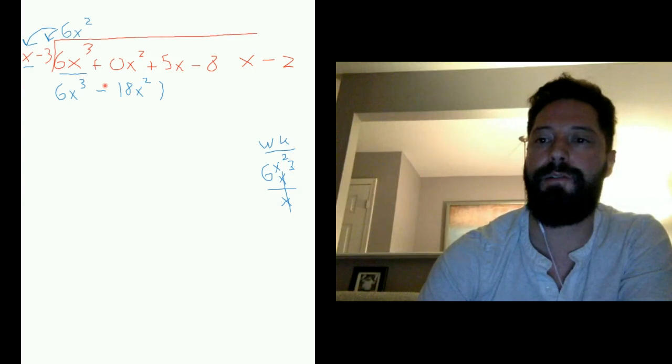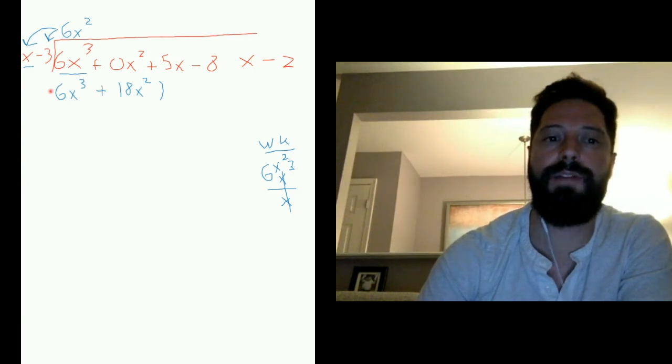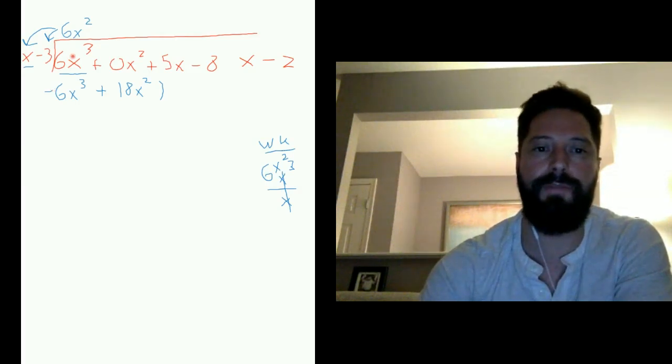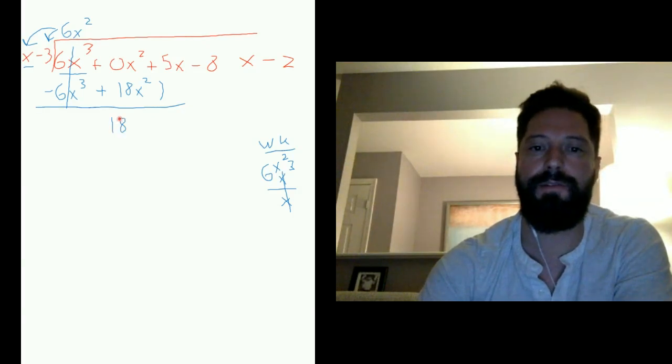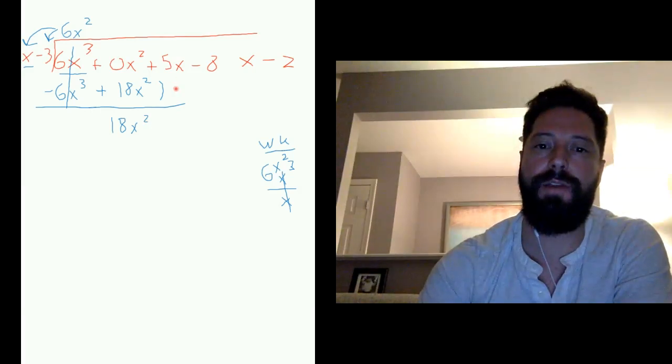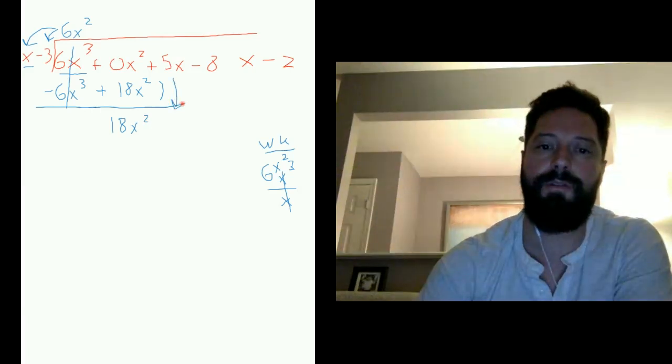The signs flip for this reason. Now you get positive 18x squared here. You bring down the next term, which is plus 5x. Then essentially we restart the process, or the algorithm.